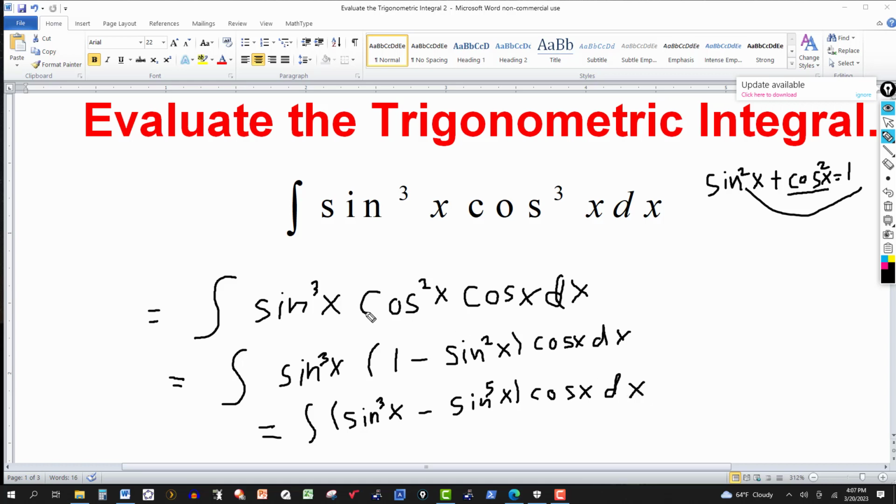Like I said, I could have broken it up the other way and put the sine over here instead of cosine, and have a cosine cube, and then things will come out different here.